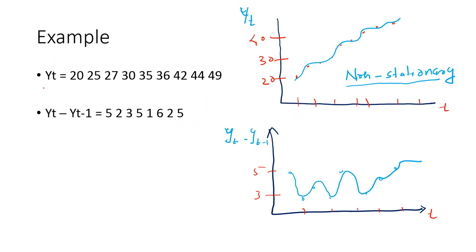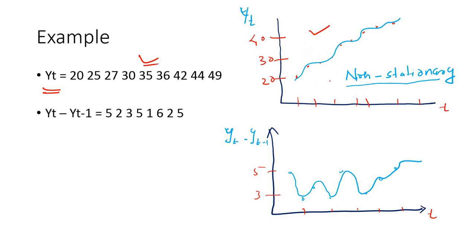We have Y_t data, and you have data points here. When you plot it out, we get a series which has a trend. You can see an upward series with an upward trend. There can be a series with a downward trend as well. That's a non-stationary series because it's not reverting towards the mean.